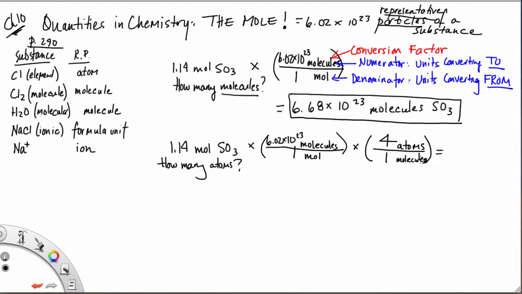And as an aside, it's going to be very important to really analyze your answer and say, how big or how small should my answer be? Does it make sense? So when we do all this math, we end up with 2.75 times 10 to the 24th atoms. And so we can see that this answer is indeed bigger than 6.02 times 10 to the 23rd. Okay, we have a higher exponent here.